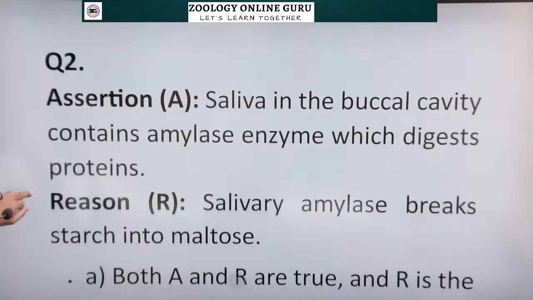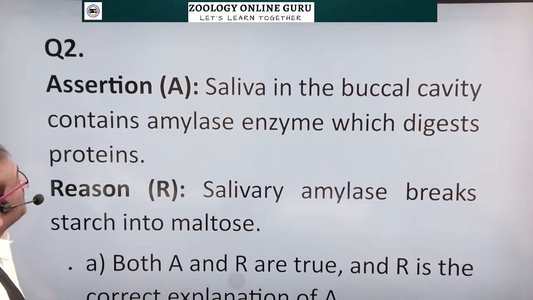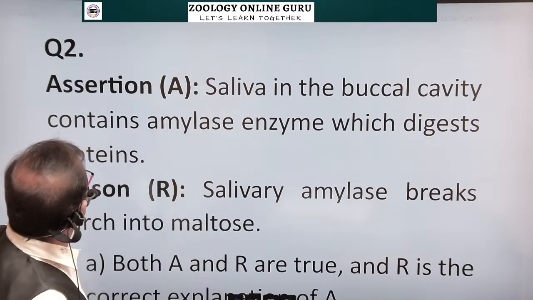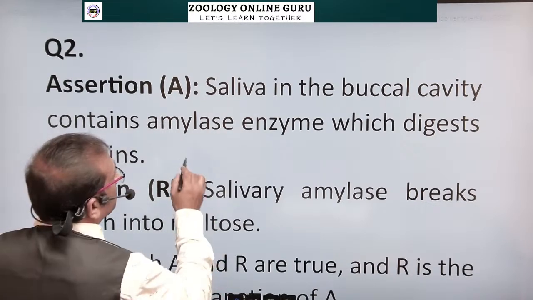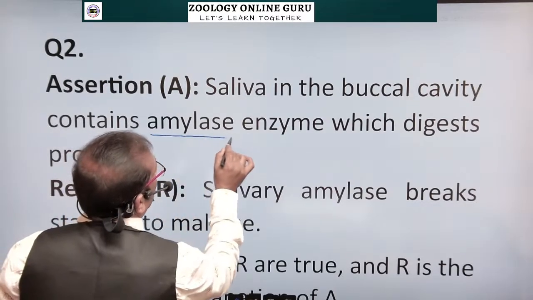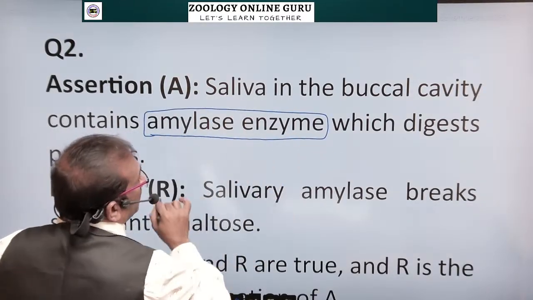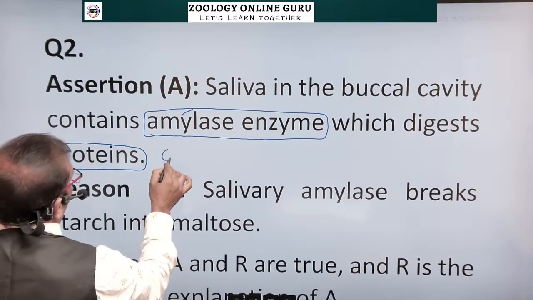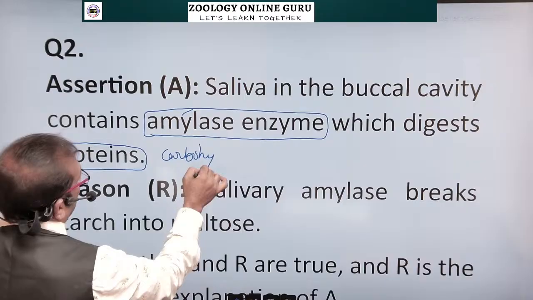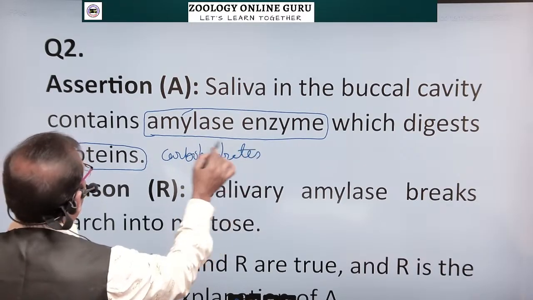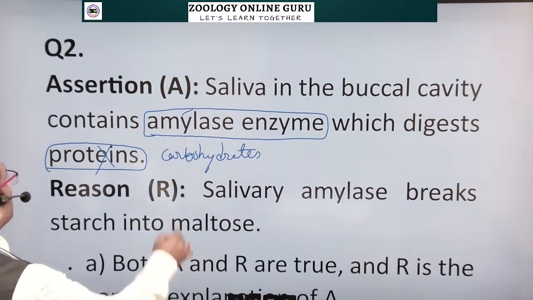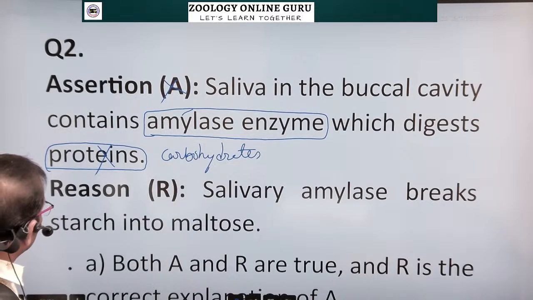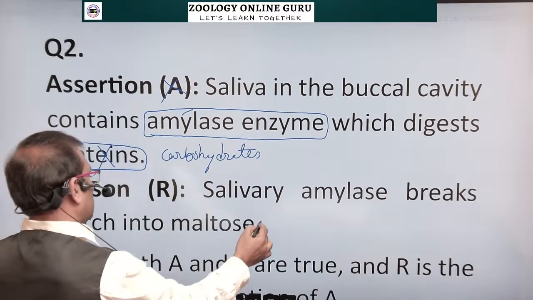Question number 2. Assertion: saliva in the buccal cavity contains amylase enzyme, which digests the proteins. No, amylase acts on carbohydrates, not proteins, so A is wrong. Reason: salivary amylase breaks starch into maltose. Correct.